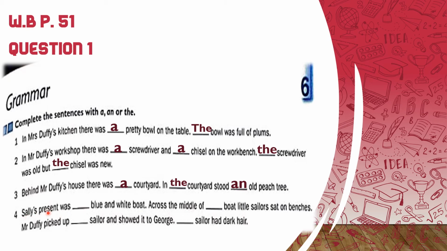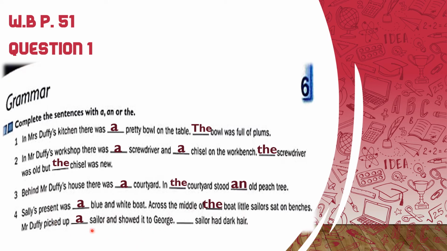The last one in this question: Sally's present was a blue and white boat. Across the middle of the boat, like sailors, sat on benches. Mr. Duffy picked up the sailor, a sailor, and showed it to George.